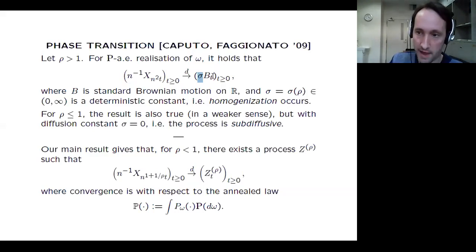On the other hand, if we lower the density, so we take rho below 1, actually in this same paper by Caputo and Faggionato, it's shown rigorously that the same result is true in a slightly weaker sense, in probability with respect to the environment rather than almost surely. Then the same is true, but the diffusion constant is 0 here.